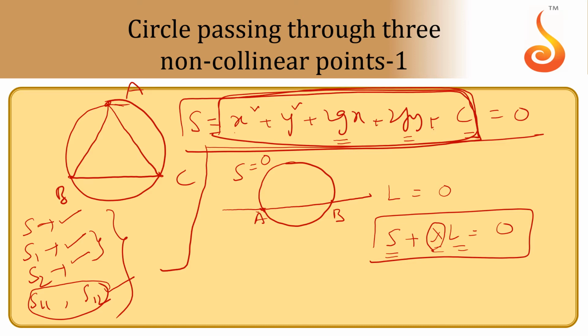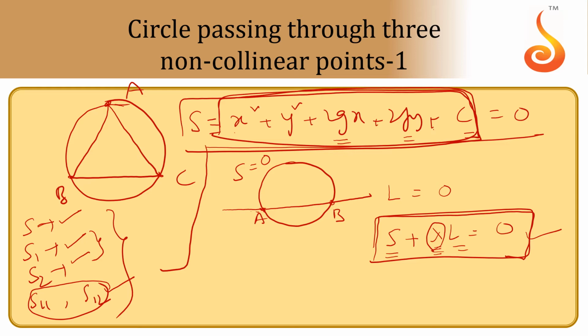So S will become 0, L will become 0 if I substitute A. So whatever may be the value of lambda, A satisfies this. B also satisfies this. So the newly created locus, I don't know what it is, but that new locus always passes through A and B, I understood.